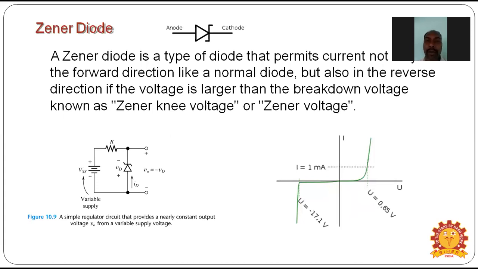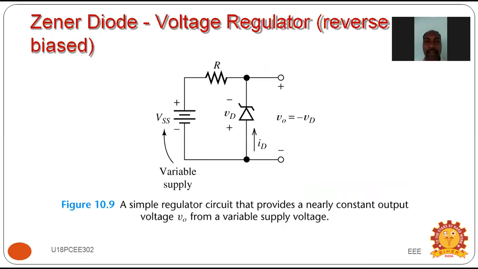The Zener diode is a type of diode that permits current not only in the forward direction like a normal diode, but also in the reverse direction. If the voltage is large, then the breakdown voltage is known as the Zener knee voltage or Zener voltage.